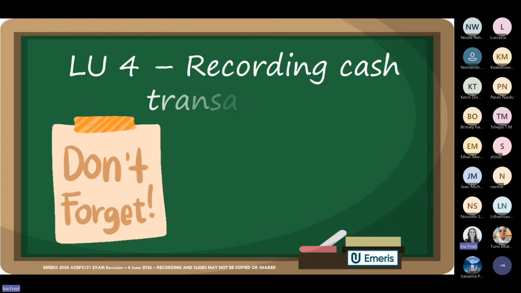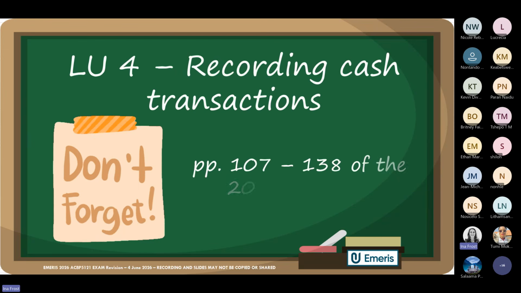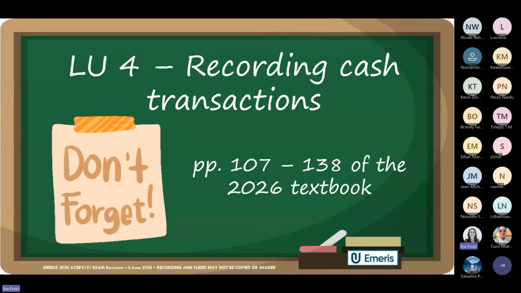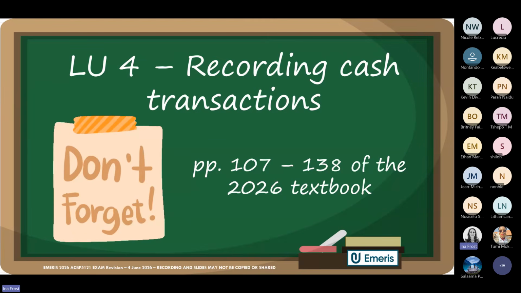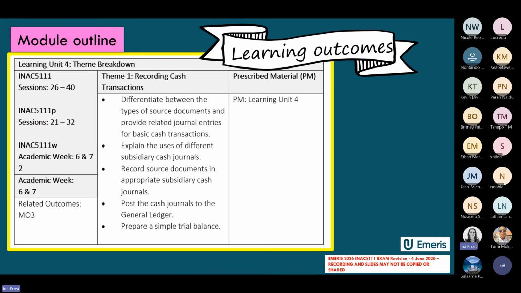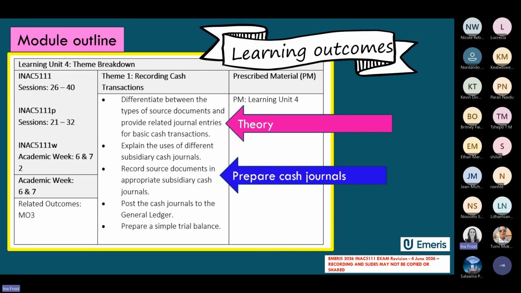In Learning Unit 4 then, we specifically looked at the recording of cash transactions, and if you want to go and revise it again later, we're talking pages 107 to 138 of your textbook. And the learning unit outcomes, just to remind you again, for learning unit 4 was to know your theory. You have to be able to prepare all 3 of the cash journals.